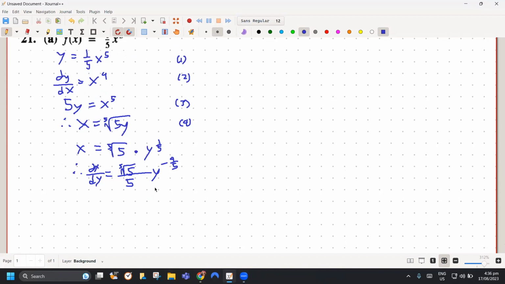So that's going to be equation 5 and then equation 6 na yan.